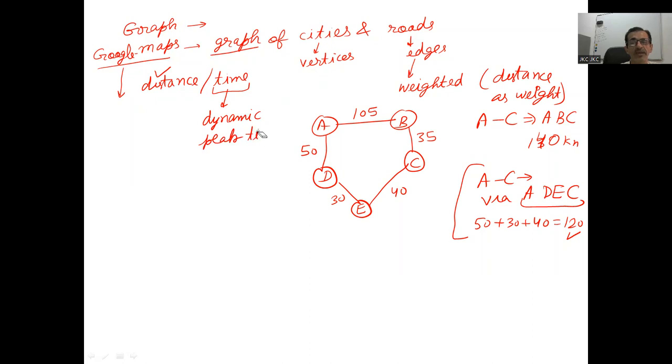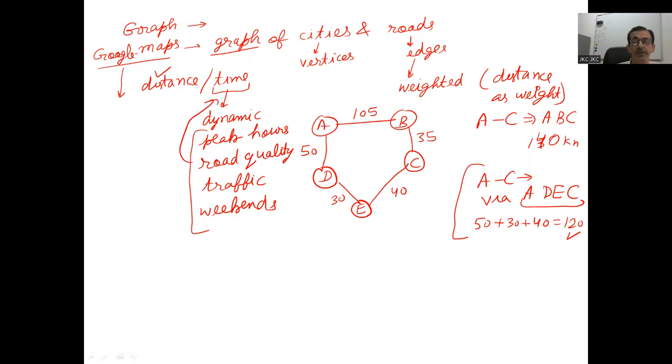Not only peak hours, but based on traffic conditions, road quality, traffic intensity, holidays, weekends or weekdays, all these things make a difference and can affect the time. So I cannot say that time is predefined. On the other hand, distance is more or less predefined.